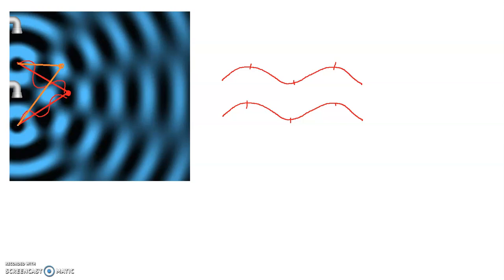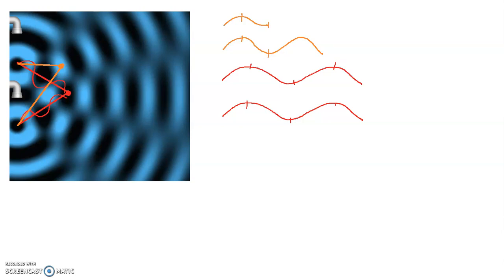But if I could see the individual waves, maybe this is what the wave looks like from the closer source, and this is the wave from the farther source, they would still be perfectly synchronized with each other. That's why it's a maximum. A crest is still matching with a crest, a trough is still matching with a trough, and that's why it's such really high waves.